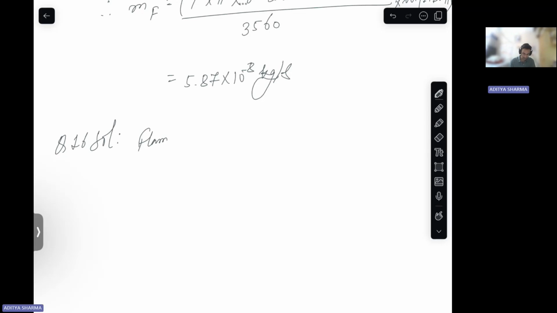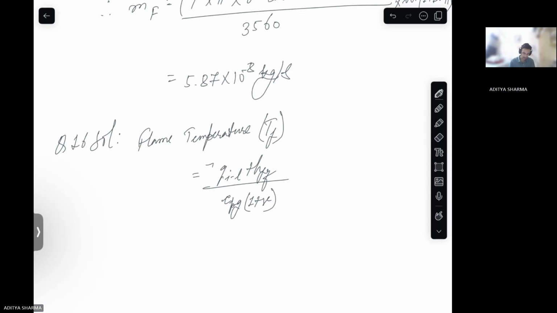So flame temperature equals Q IL plus HFG divided by Cpg times 1 plus this. Then, all these values we know. We just have to put the values here and get our answer.